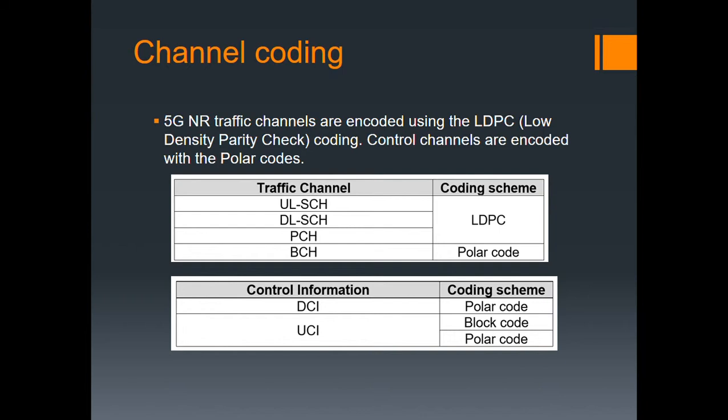By research in military, it has been discovered that low density parity checks are very stable, and they are adopted for 5G for traffic channels, uplink and downlink shared channels, and also paging channels, whereas polar codes are used for broadcast channels. In case of control plane, DCI and UCI, downlink control information and uplink, we use polar and block codes as per the requirements.